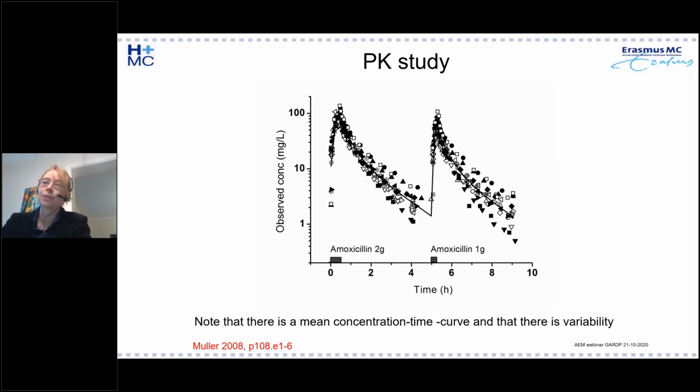That's kind of logical, but what's good to see from this slide is that there is a mean concentration, but all the concentrations measured are scattered around the mean. So if you analyze these data in a population model, you end up with a mean estimate of your clearance, your volume of distribution, and all the parameters, but also the variability. That is important to realize.